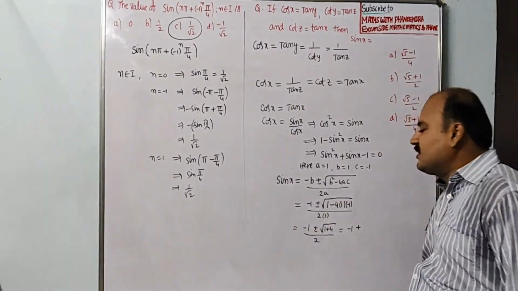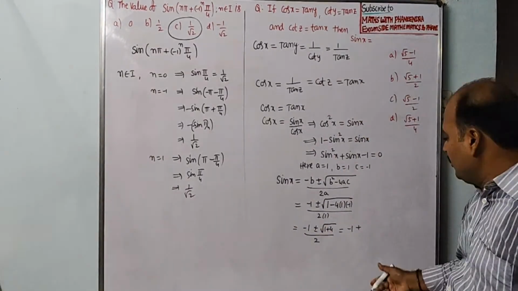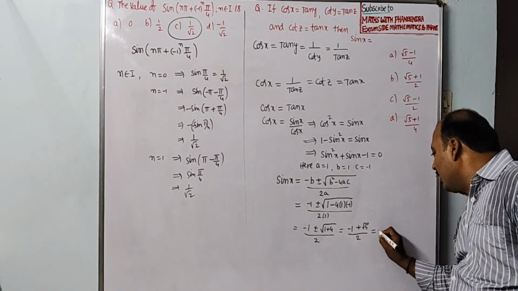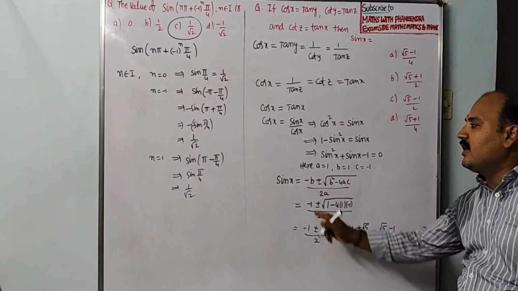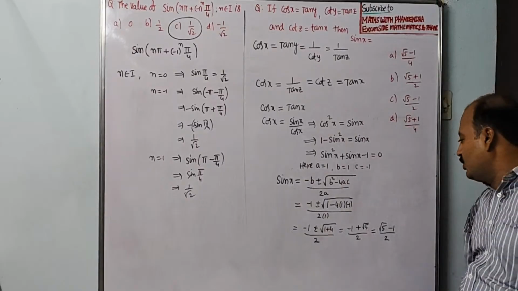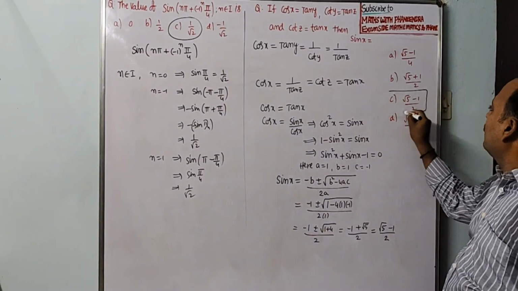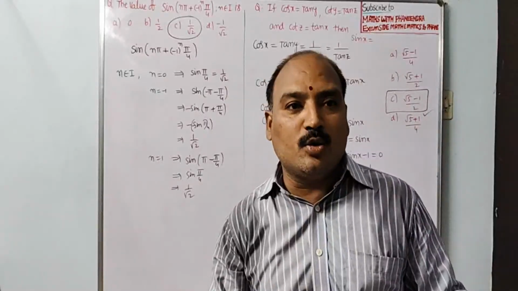Minus 1 plus, here I am not taking minus because sin x is positive. So plus root 5 divided by 2. So we can write it as root 5 minus 1 divided by 2. Sin x value is positive, that is the reason root 5 minus 1 by 2. It is there in the third option, dear students. I hope you understand. We'll move on to another question.